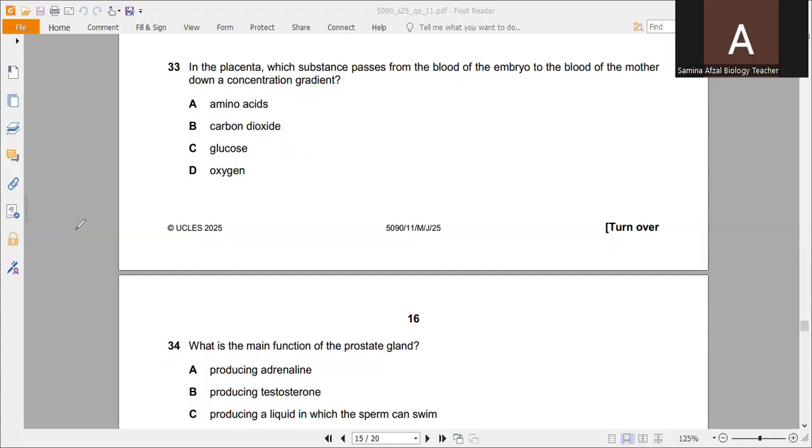Whereas oxygen, glucose, and amino acids are required by the growing embryo, so they move from the mother to the embryo. Only carbon dioxide is there. So B is the correct option.